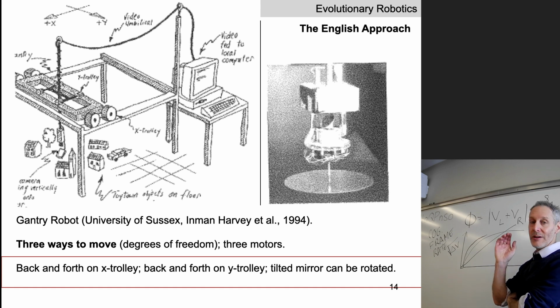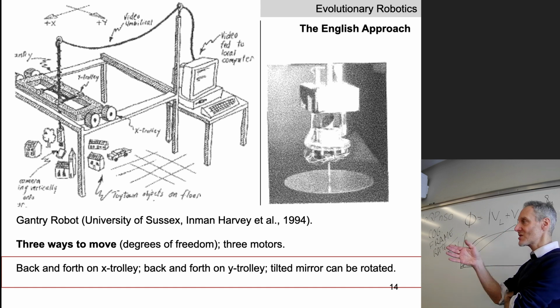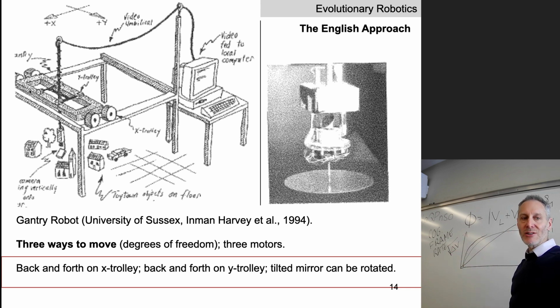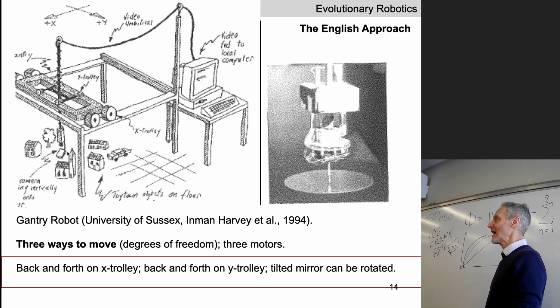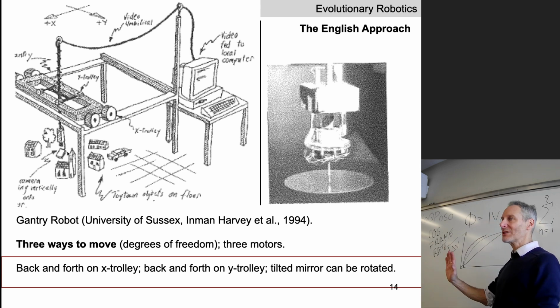The desktop computer is going to start downloading sets of synaptic weights onto little circuits in the two trolleys, and getting camera images back, and then computing the fitness. How well does this robot do at navigating under the table? We haven't said what the fitness function is.